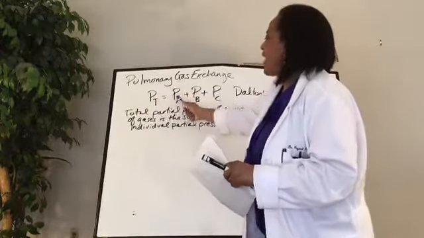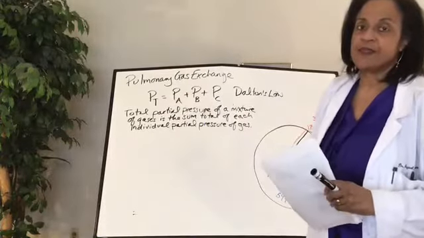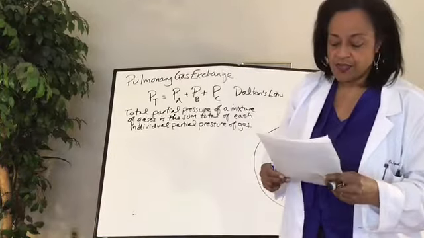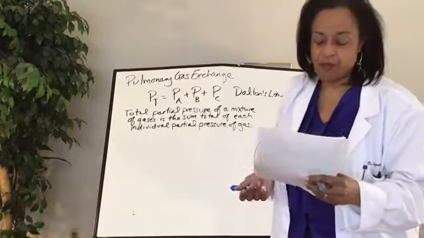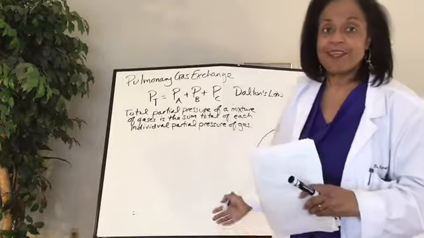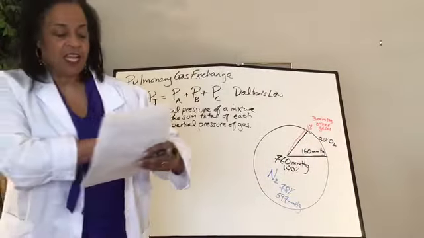The partial pressure is related to the total and the mixture of gases that make up the total. You'll have time to go over this in your text, so when you see the picture in the text, it may make more sense to you. But that's the best way I can explain this, given what I have. So I think that's a pretty decent explanation.